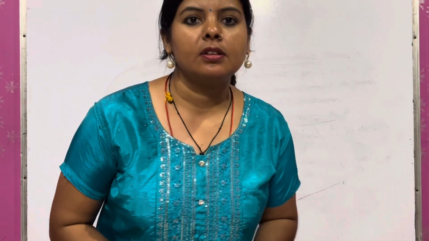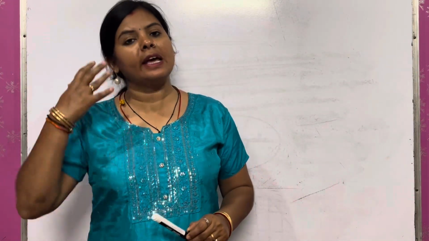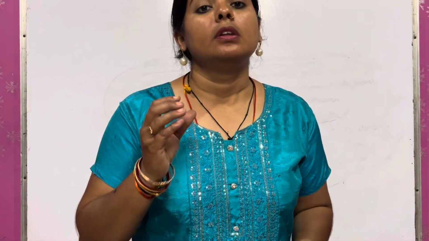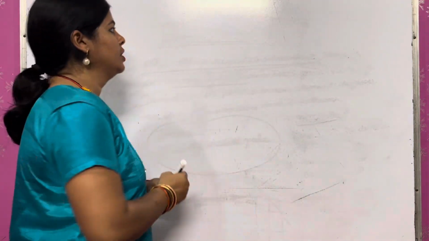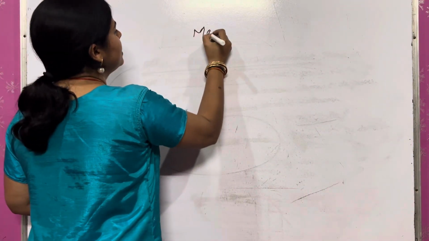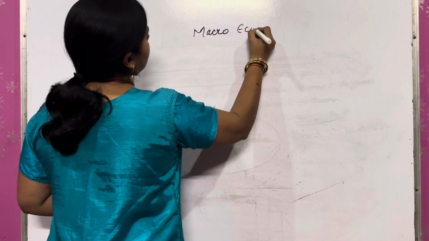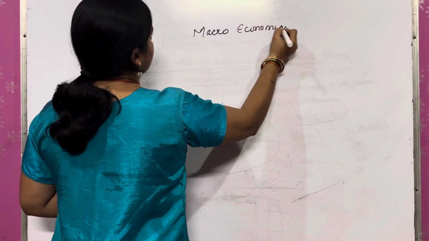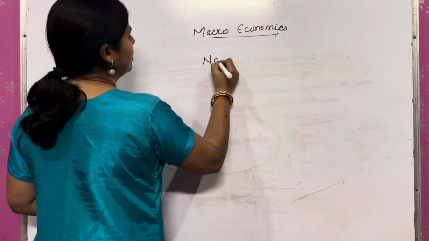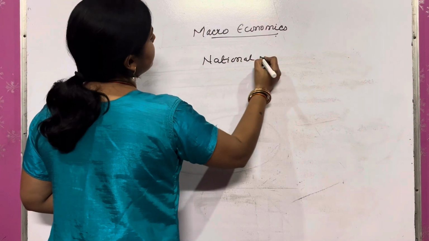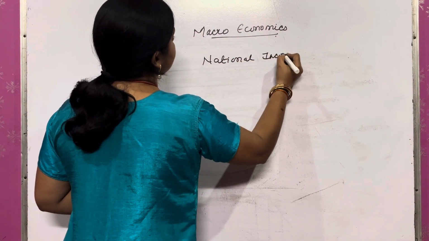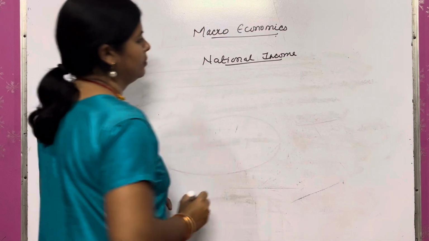Let's start. Today we are going to study the next topic, that is called national income. This topic is from macroeconomics. The first question that comes to our mind: what is the meaning of national income?